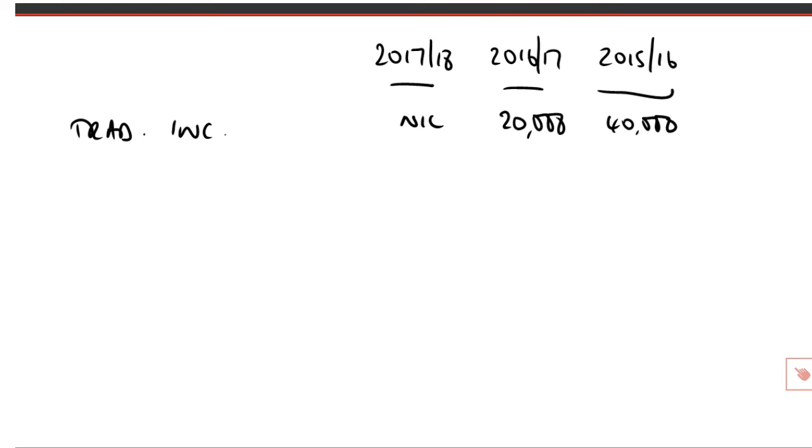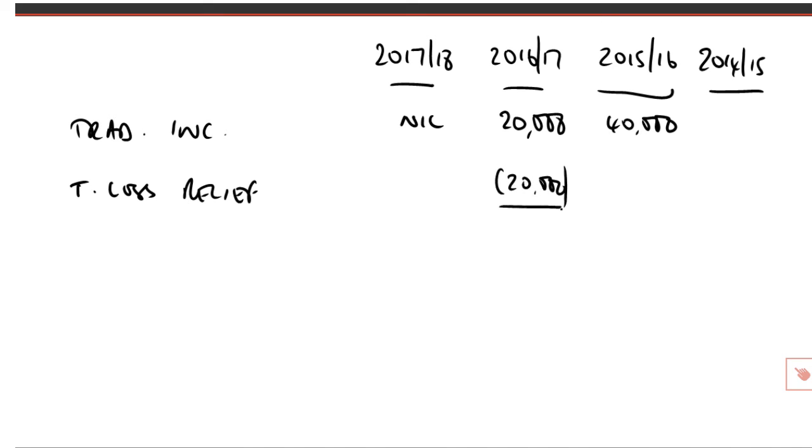Now, if the loss were bigger, or these income figures for these 2 years, 16-17 and 15-16, were smaller, we could have gone back as far as 14-15 in relation to the use of the terminal loss, but that will not be necessary here. In terms of your terminal loss relief, we have available to go against trading income £31,000 on a last in first out basis, so we go back to 16-17 to begin with, so that £20,000 would go.